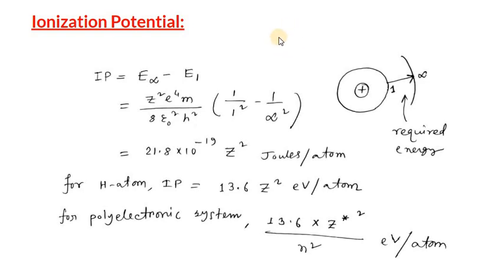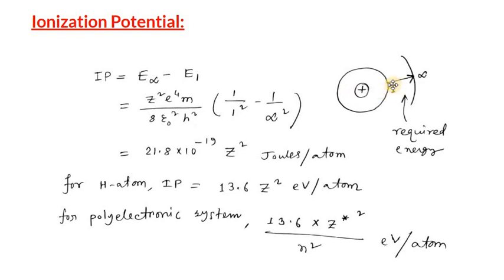If you remove that electron and take it to infinity distance, you need to do some work. That work is called ionization potential. What amount of energy you need to provide, because if you need to take this electron to infinity, the positively charged nucleus will attract the electron.